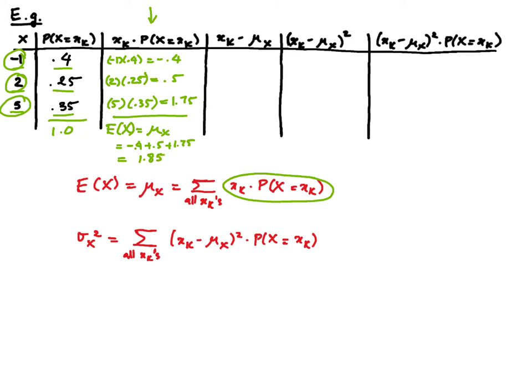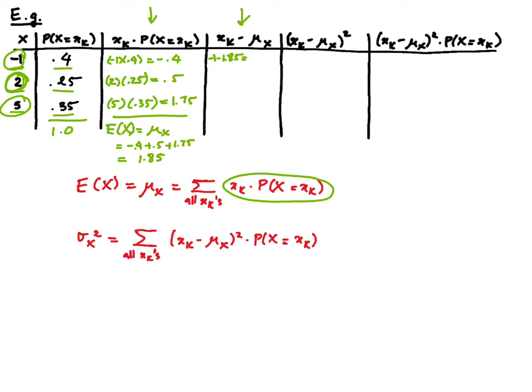Now in the next column here, we have the column for xk minus mu of x. So what you want to do in this column is take each of the xk's, so each of these numbers, -1, 2, and 5, and subtract the expected value from it. So in other words, we're going to have -1 minus 1.85.